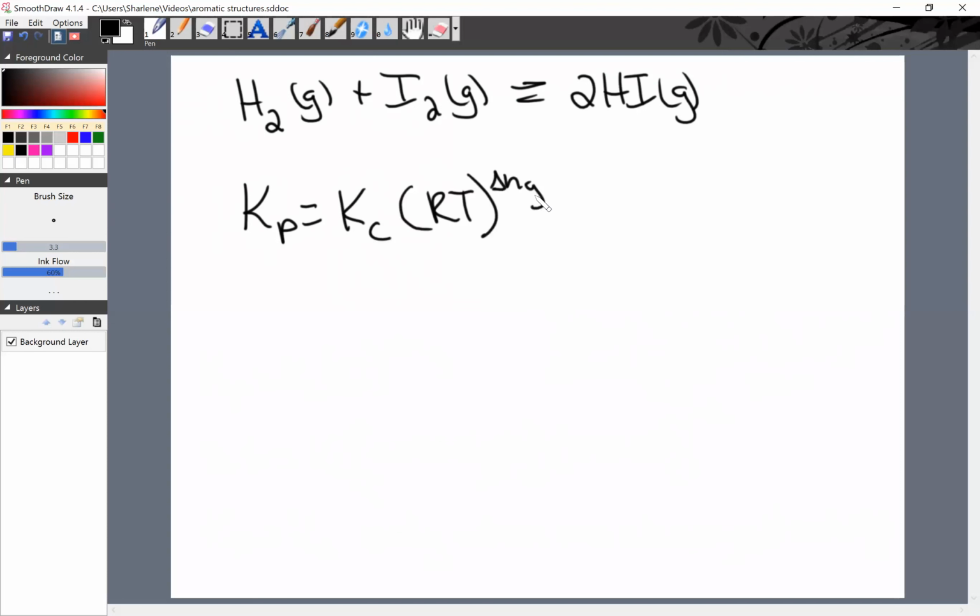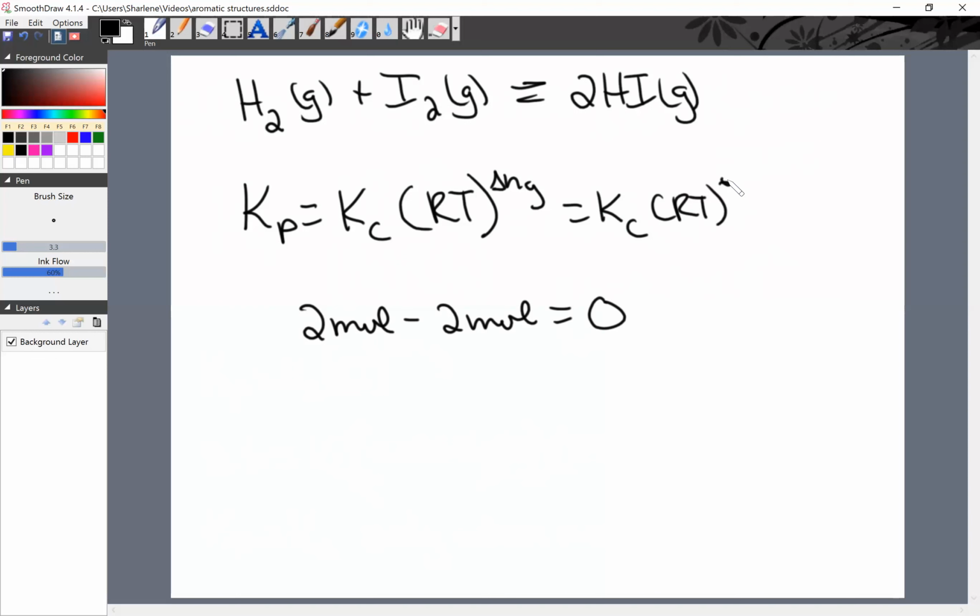But I wanted to point out there's 2 moles of product gas minus 2 moles of reactant. So that is a net change of 0. So Kp is really equal to Kc RT to the 0, and that is the big old number 1. So in this case, Kp is the same as Kc.